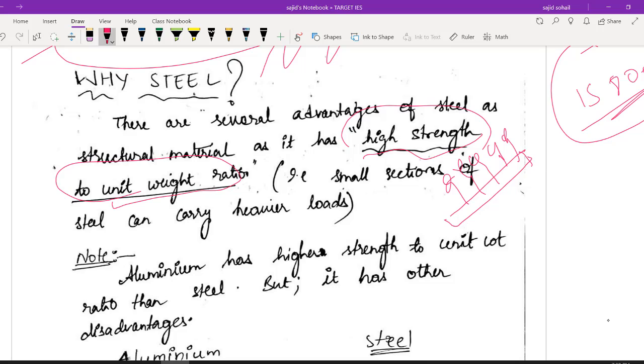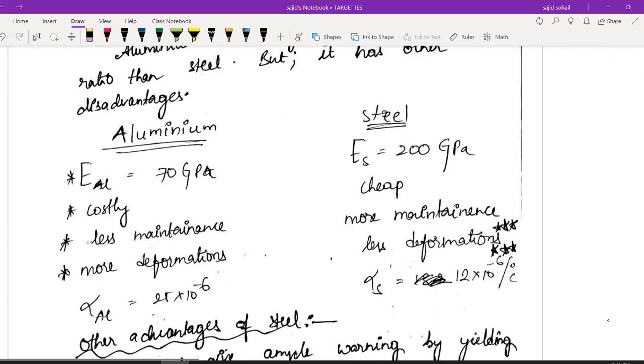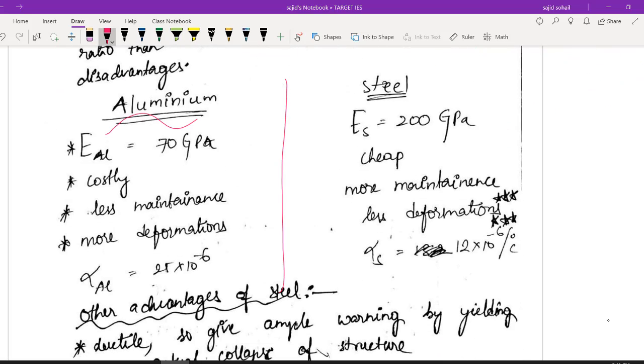So आप पूछ सकते हो कि सर, does it have the highest strength? Are there other materials which have more strength than that? Yes, we have a lot of materials which can give even more strength per unit weight ratio than that of steel. For example, aluminium. We always compare aluminium and steel.